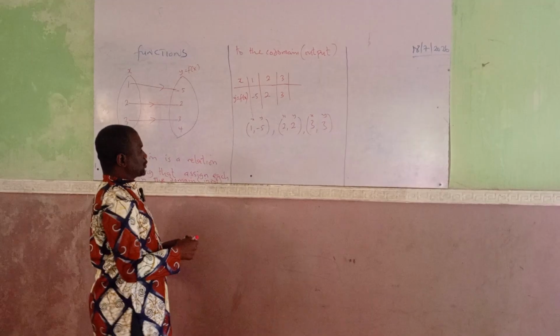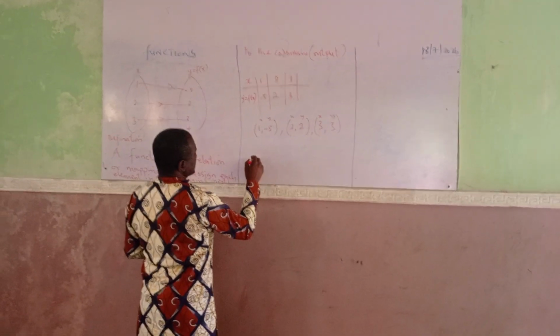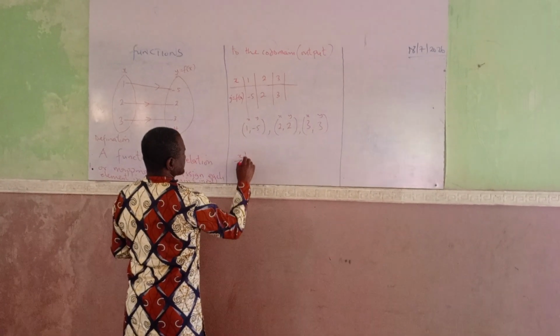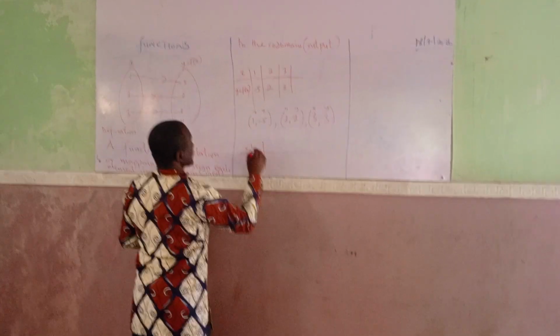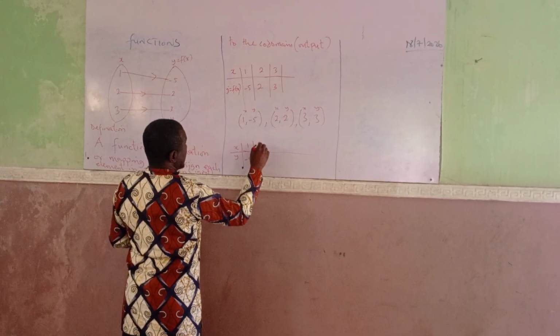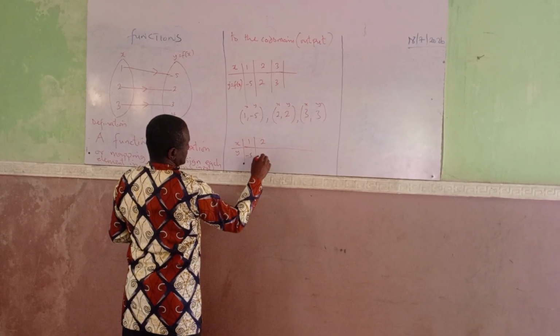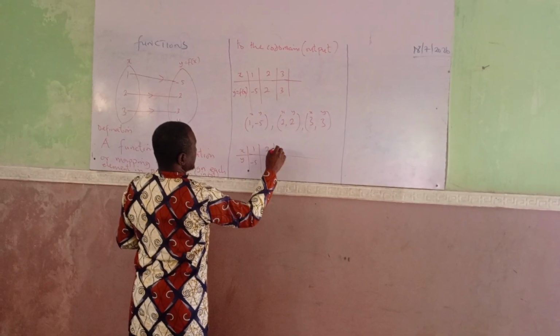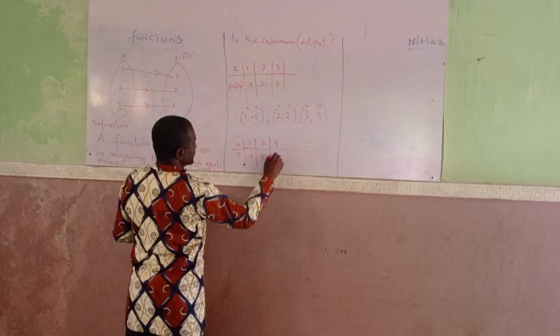But when you have a situation like this, maybe I have x, y, so I have 1 and this is minus 5. I have 2, this is 3. I also have 3 and let's say minus 5.